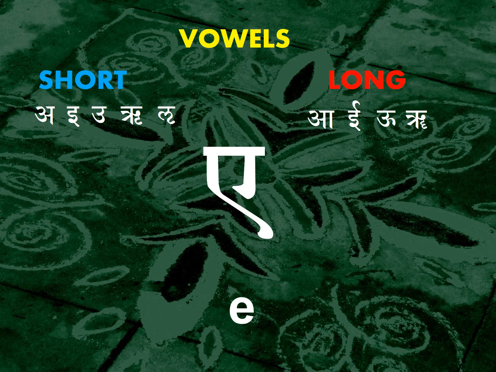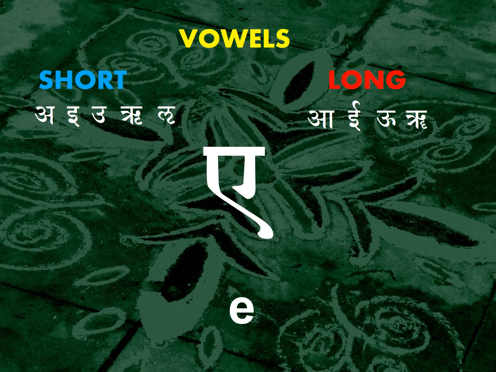Now, the following letters are considered diphthongs, and that usually means that you have two vowels coming together, and that may be in the history of these particular letters, but at this point they are all represented with just one symbol.